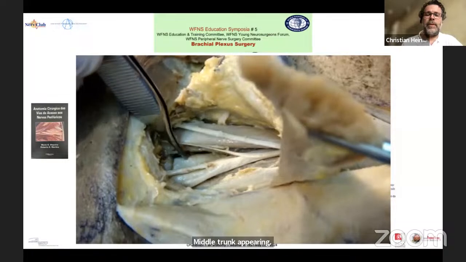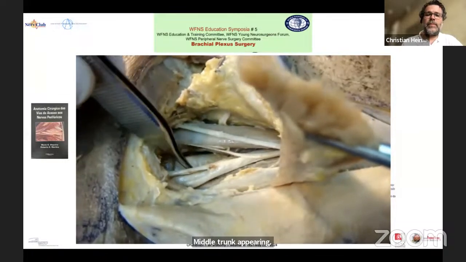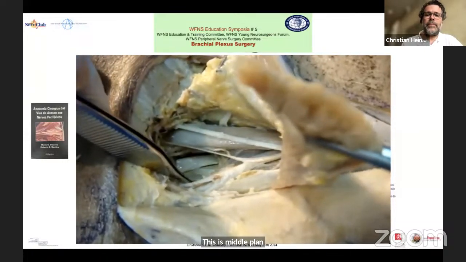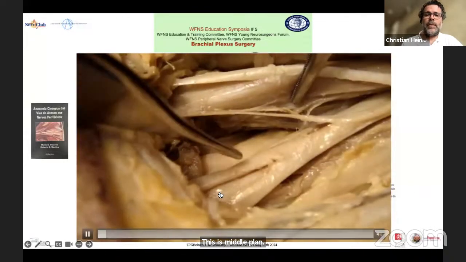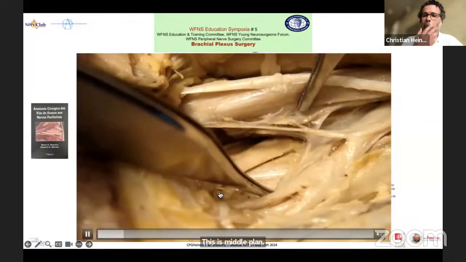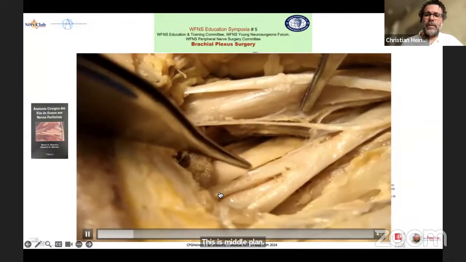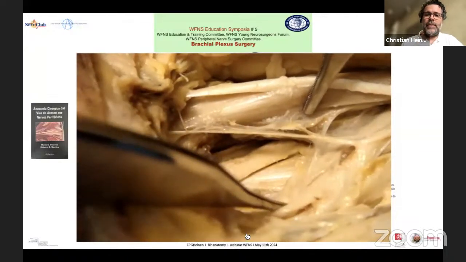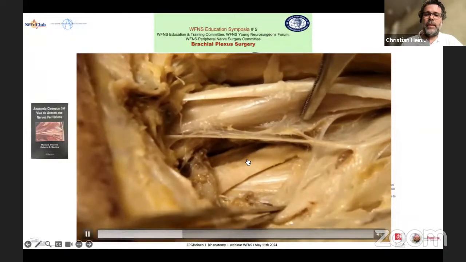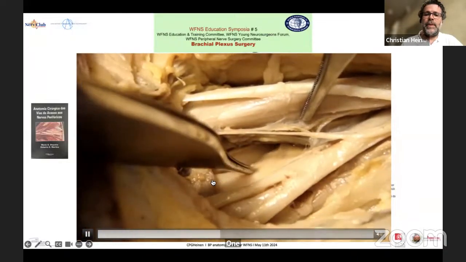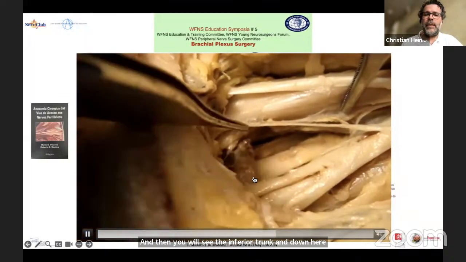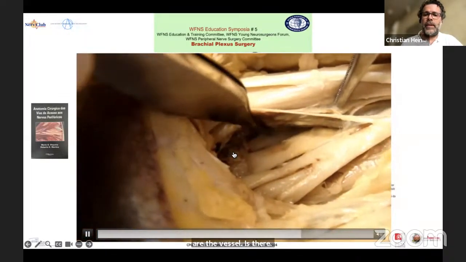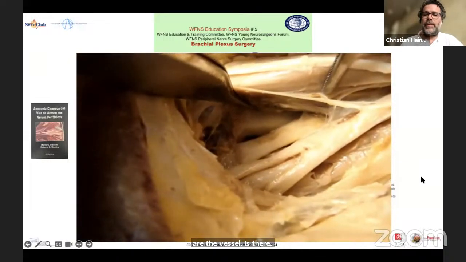This is middle trunk. Fantastic voice of Mariano. And then you will see the inferior trunk, and down here are the vessels. This is the subclavian artery. Okay.